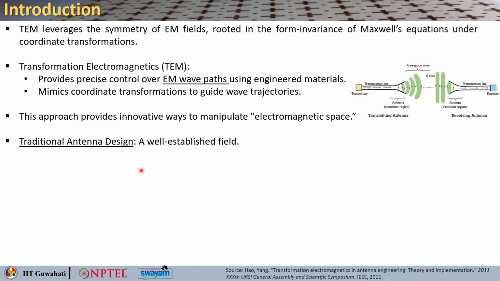In the traditional antenna design, which is a well established field, this is typically how it works. You have a transmitter, then a transmission line. This antenna portion is the transition region where it radiates out to free space waves. It propagates as plane waves, as you can see, and then on the receiver antenna the transition wave is coupled to the transmission line and received at this particular receiver circuit.